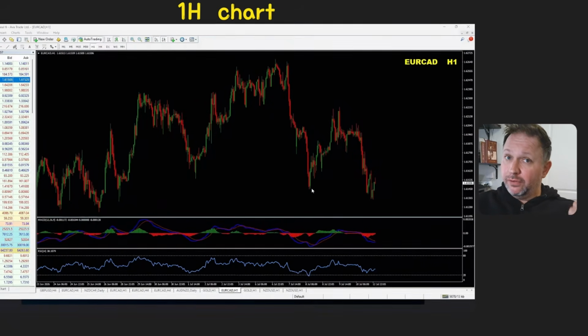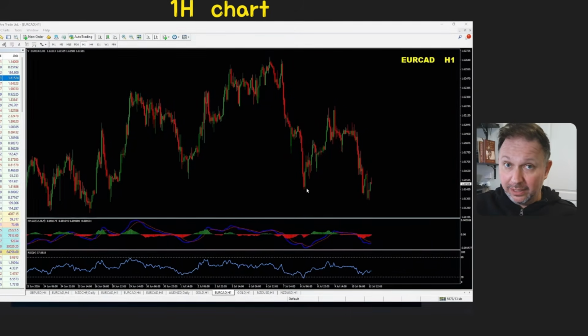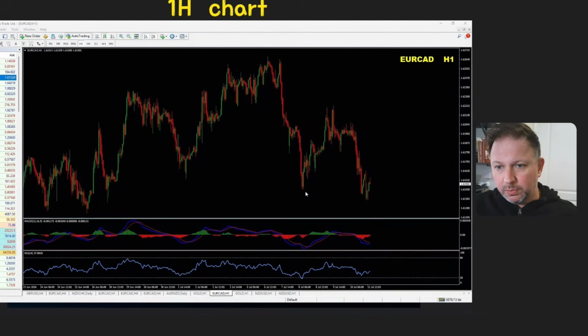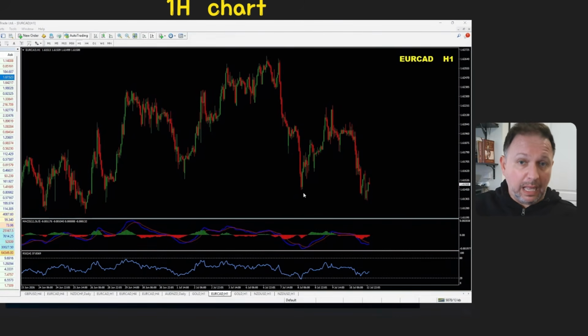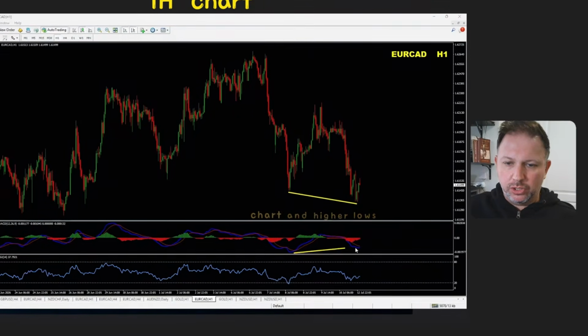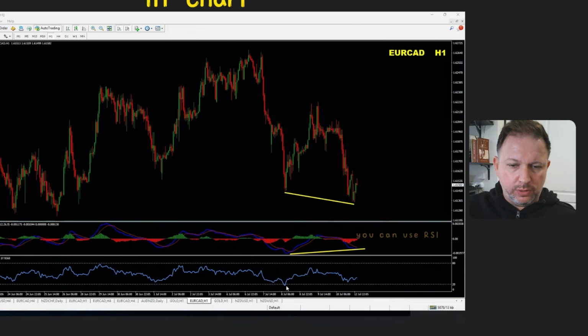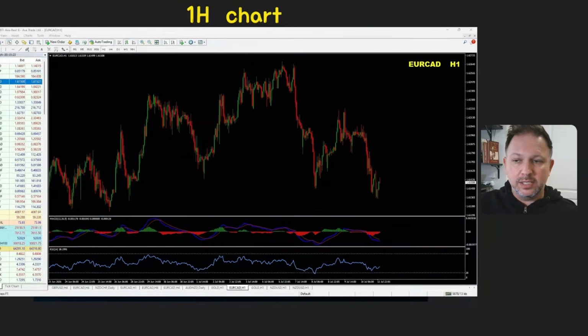Earlier, the divergence was the first sign to get ready for a trade; divergence would also be the first sign to get out of the trade. If I have the opposite sign, lower lows on the chart and higher lows on the MACD, of course you can use RSI divergences as well, this would be my sign to say, aha, and look to realize my profit.